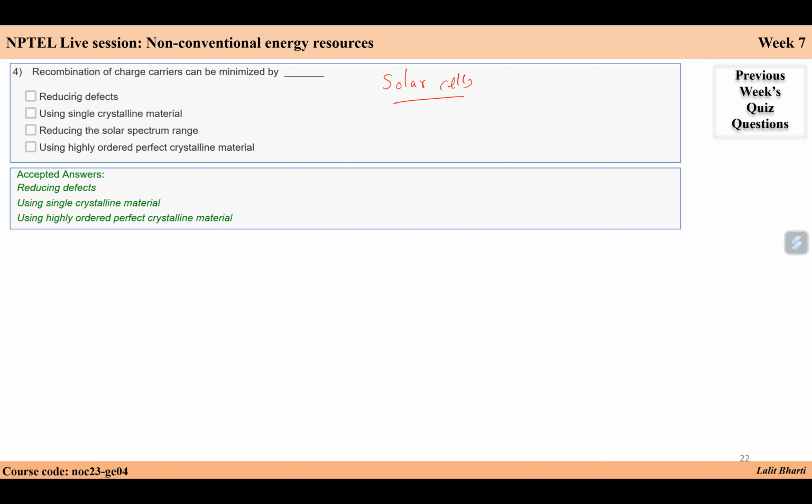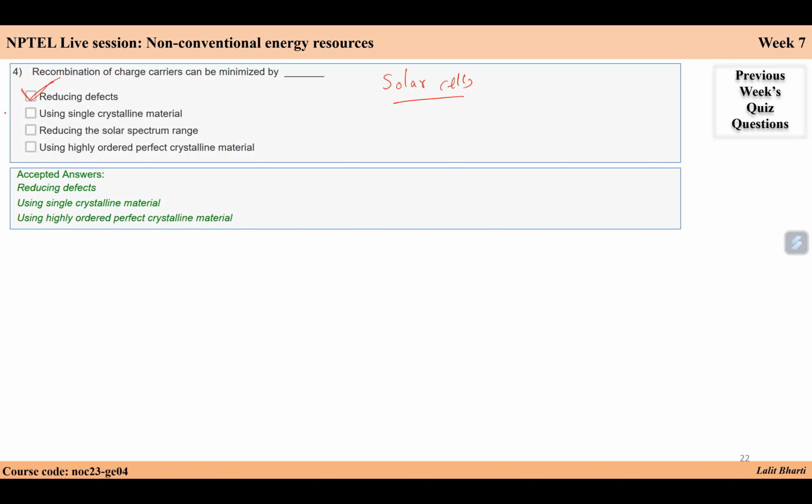So how can we minimize it? Reducing defects, correct? Because at the defect sites, the electron-hole recombinations occur. So by reducing the defect sites, we can reduce the electron-hole recombination.